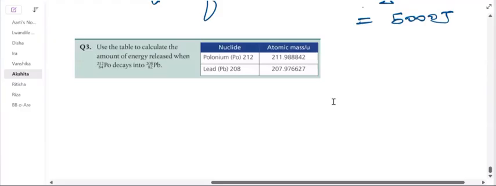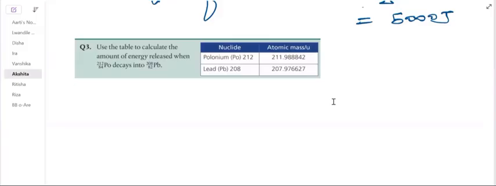Are you done, Akshita? One second, ma'am. Is this like the other one, ma'am? The product minus the reactant.